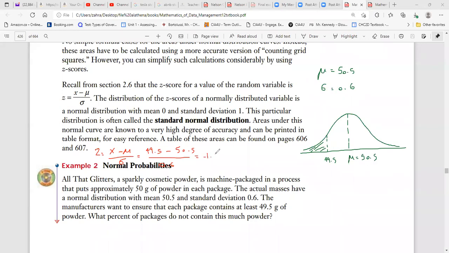Of course, if you put mu in this formula, x minus mu is 0. Now, the new thing you have is the z score.